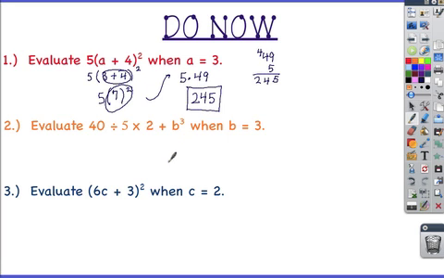Number 2, evaluate 40 divided by 5 times 2 plus b cubed when b equals 3. So we begin by substituting 3 in for b. There are no parentheses, so next we do our exponents. And 3 cubed is 27. Recopy everything else.